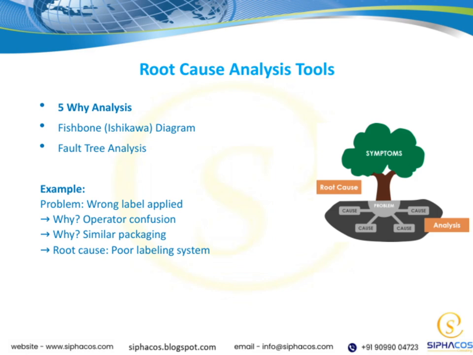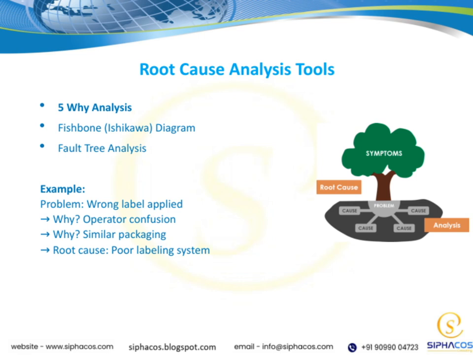Then there's fault tree analysis, which is more systematic. It starts with the problem at the top and branches downward into various potential causes, helping us understand how different factors combine to cause the issue. To make this concrete, let's look at an example. Suppose the problem is applying the wrong label. Using the 5 Why, we might ask why this happened, maybe because of operator confusion.